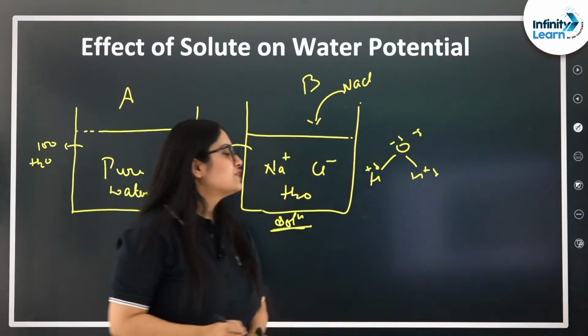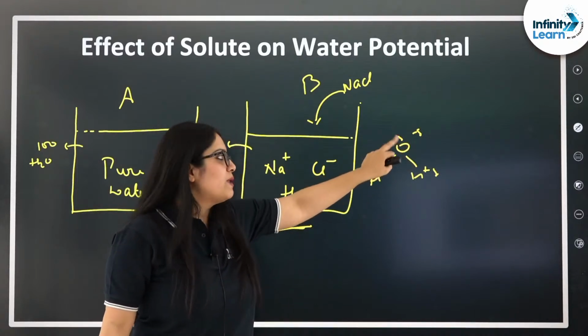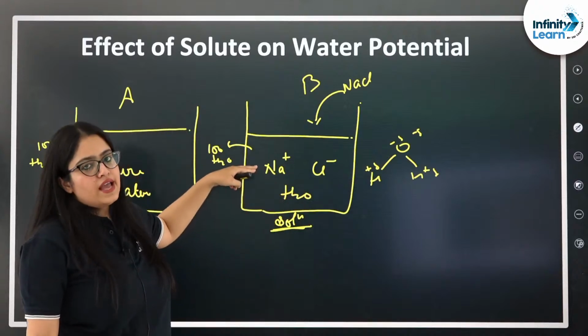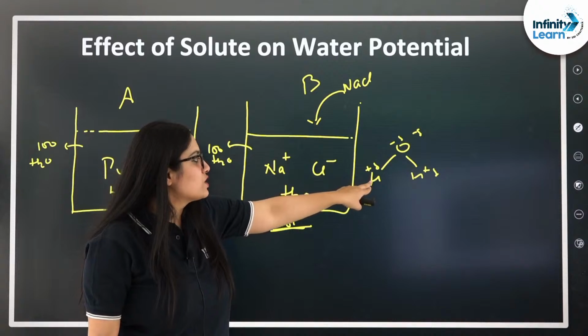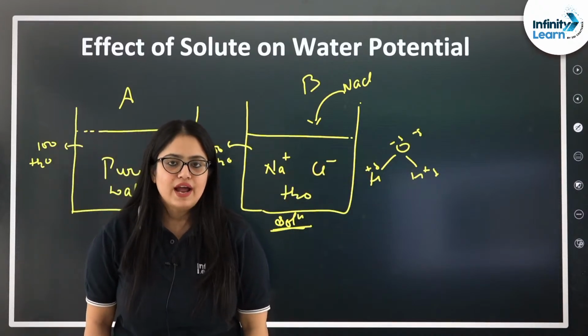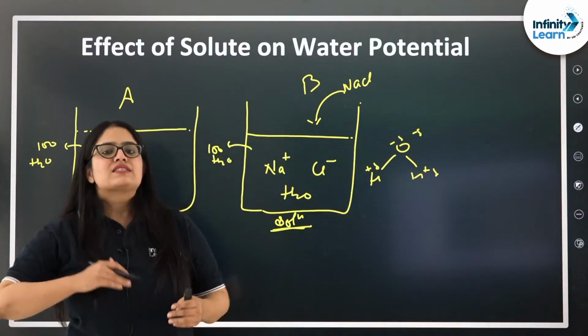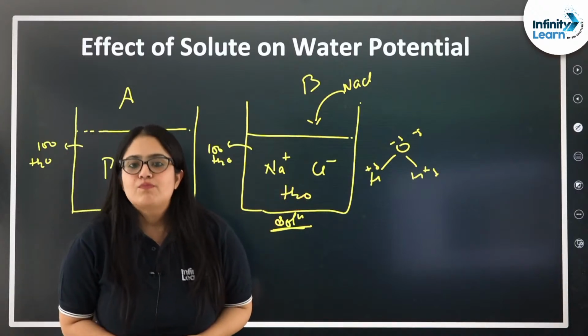So as a result, what will happen? The negative partial charges, right, with the help of these negative partial charges, water will get attracted towards the Na positive, and with the positive partial charges, the water molecules will get attracted towards the Cl minus, right. So by adding solute, some of the water molecules get bonded with the solute particles.